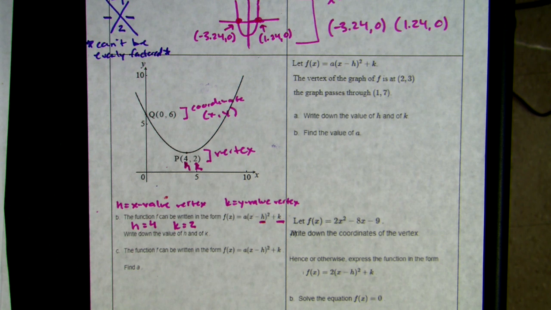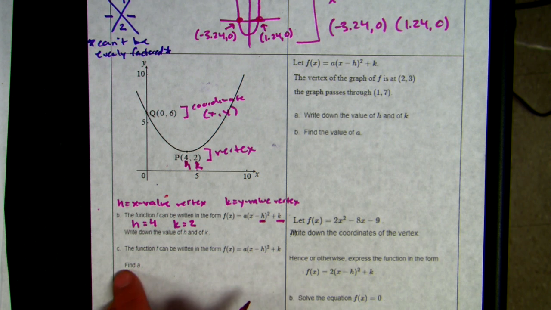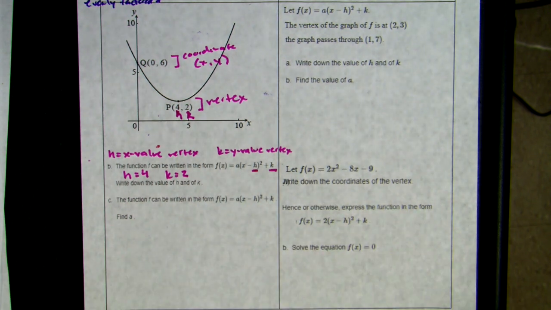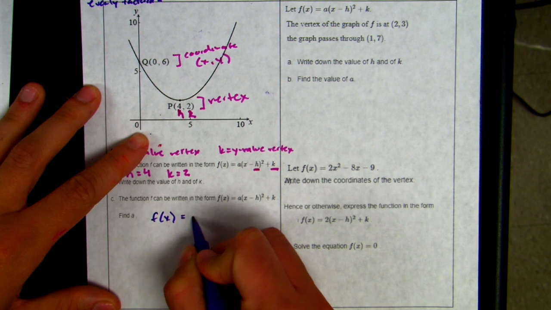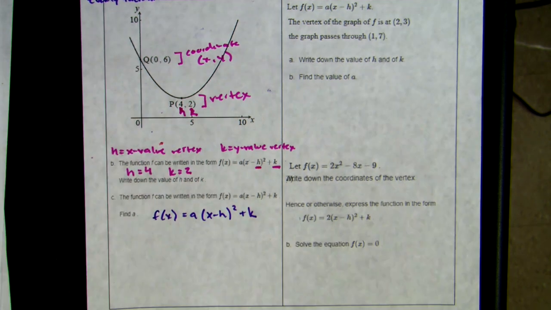Okay? Next thing, it says the function can be written in this form. We already know what h and k are. Find a. Okay, well, we have some other information as well. We know what h and k are, so let's plug in what we know first. I'm going to write the format of this. We have f of x is equal to a(x minus h) squared plus k.